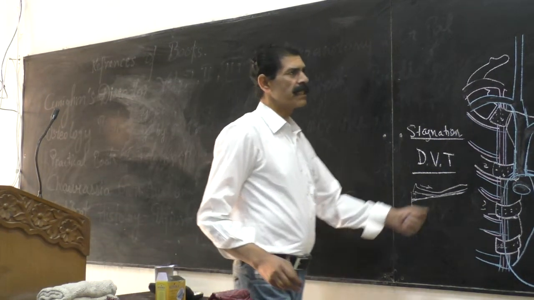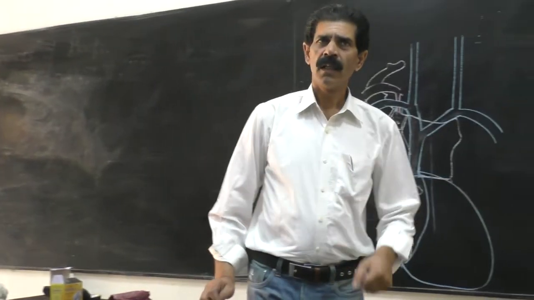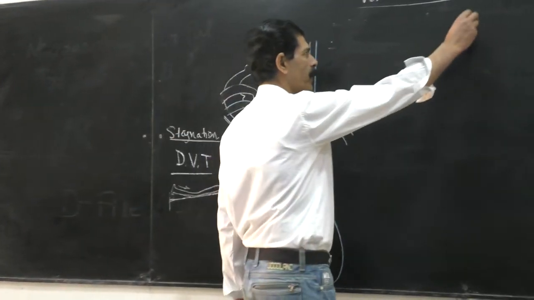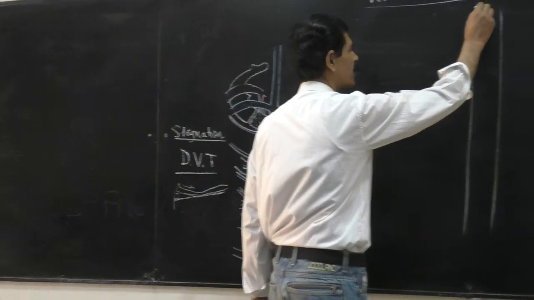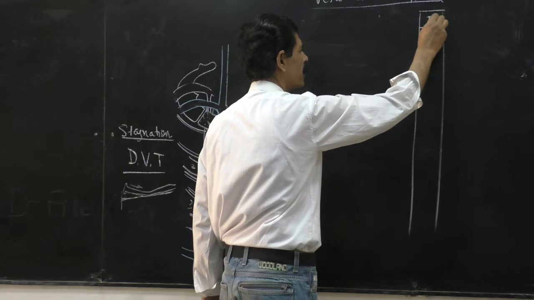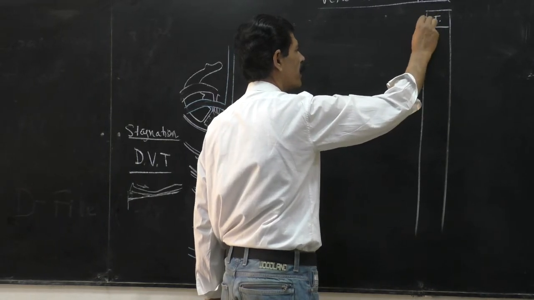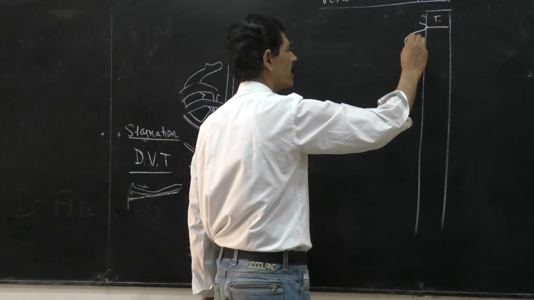So venous drainage, this is the posterior group. And when we see the posterior part of the thoracic cavity, what we see here, there lies the thoracic inlet with the T1 vertebra articulating with the first rib, forming the thoracic inlet.